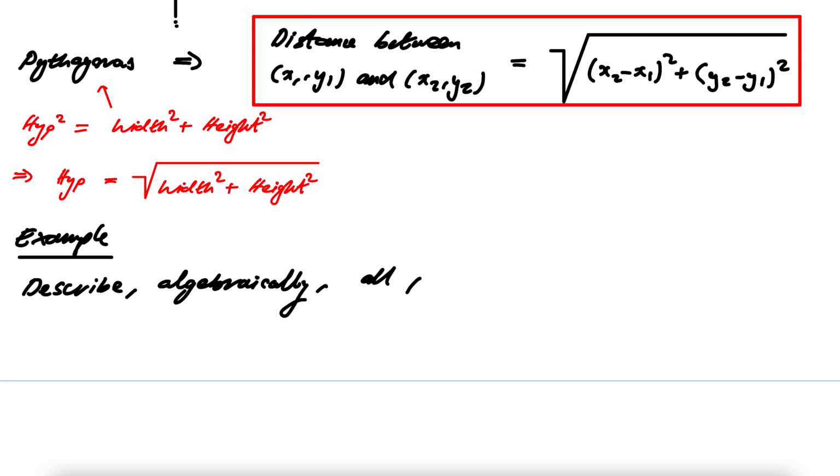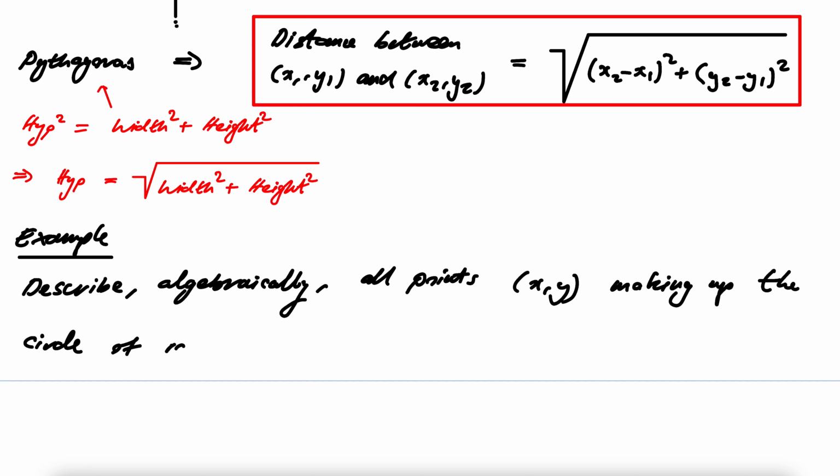All points x, comma y, which make up the circle of radius 4, centered at, let's say, 3, 1 in Cartesian coordinates. What do I mean by algebraically? What I mean here is by an expression or an equation in x and y.